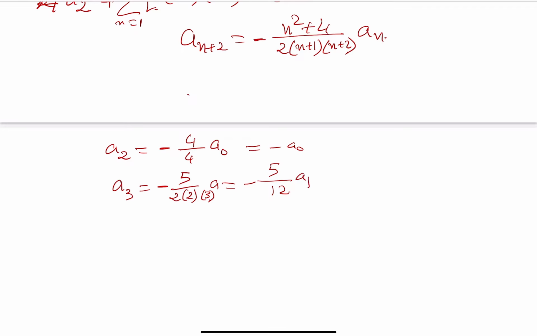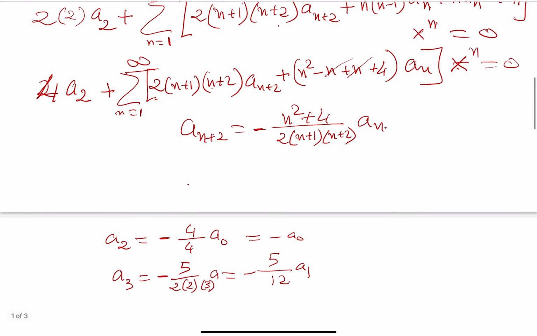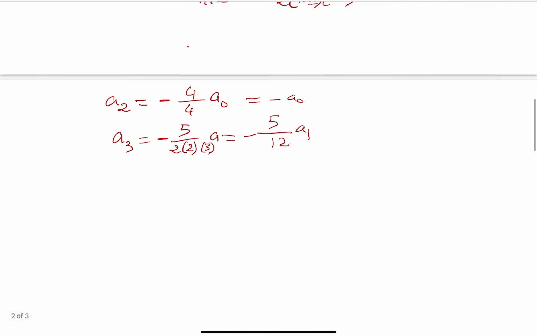That's exactly what we get. We get a3 equal to 5 over 12 times a1, if I didn't make a mistake. Okay, leave it like that.